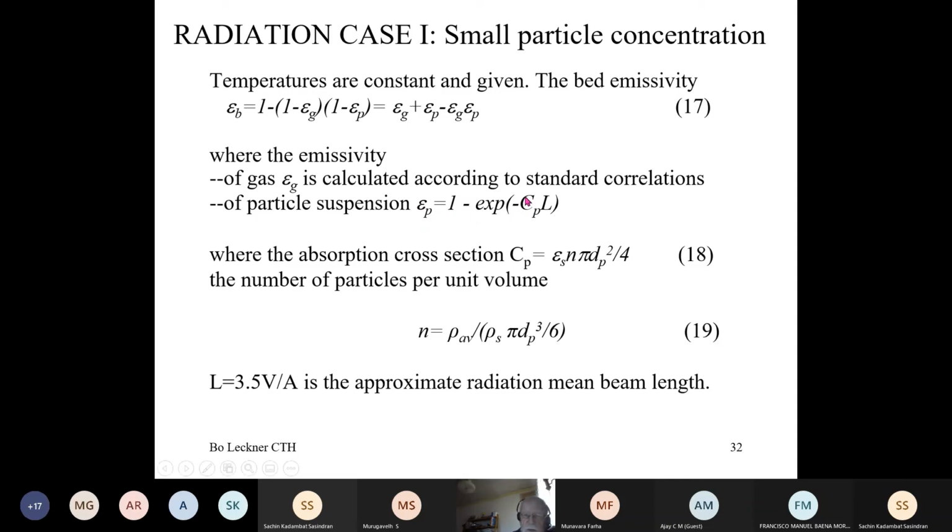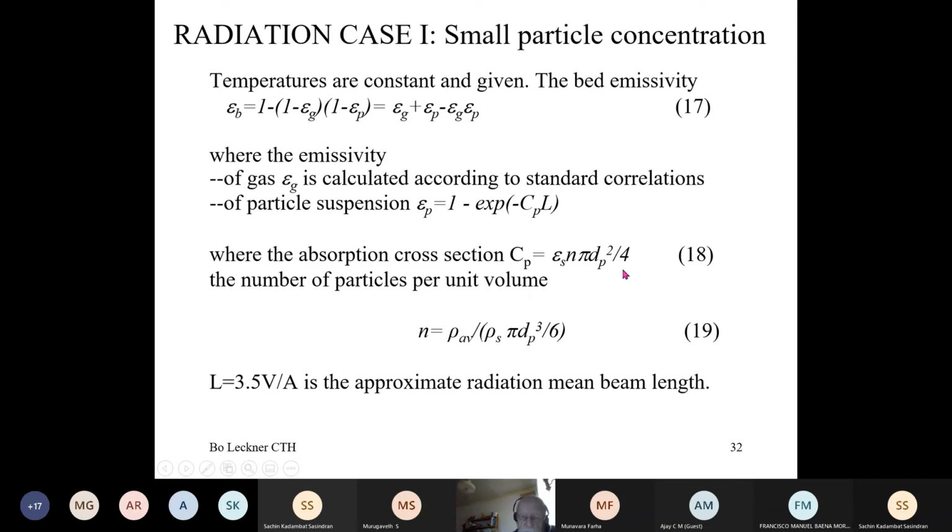And it all depends on the cross section of absorption. And the cross section of absorption, as you can imagine, is the cross section of the particles, times the number of the particles and the emissivity of the surface of the particles. So it can be calculated, because if you know the average density of the particles, you can, in a very accurate way, calculate the number of particles. And that is what goes in here, and then it goes in there, and you get the particle emissivity.